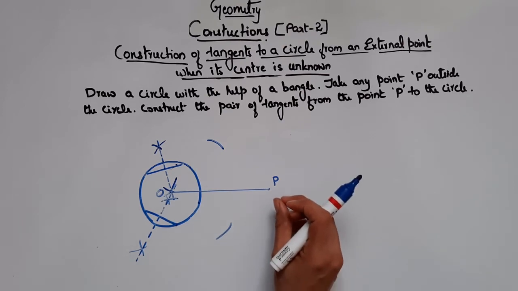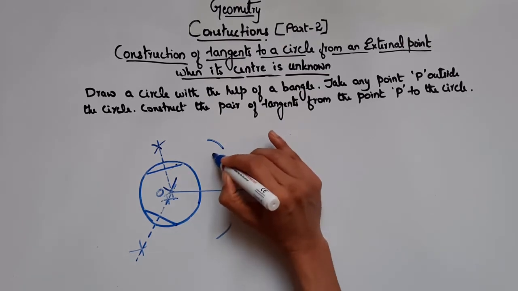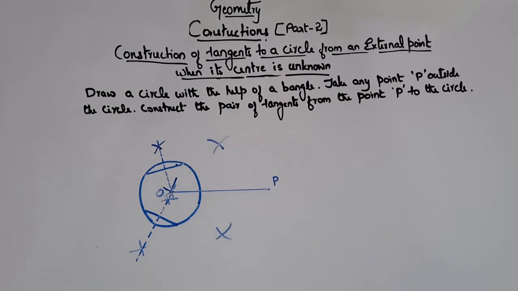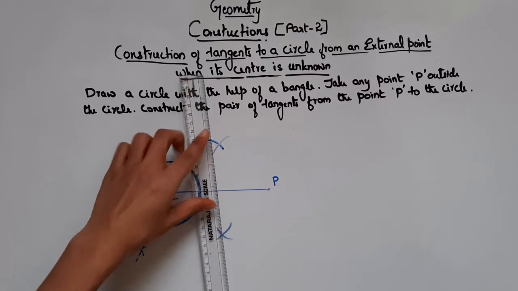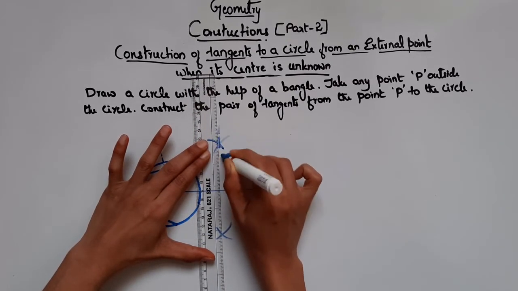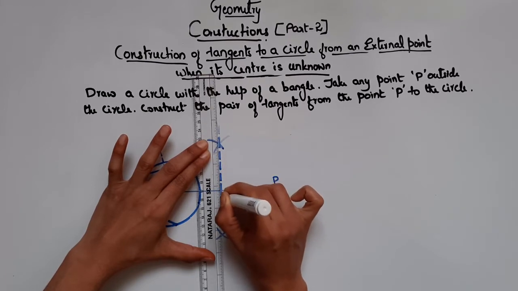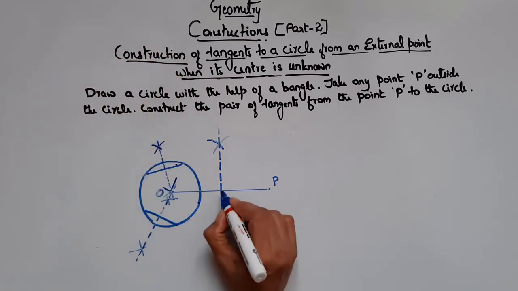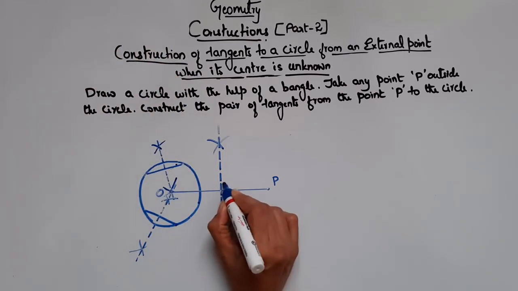Now same length you will keep at this point and cut this arc. So joining these 2 points will give you perpendicular bisector, that is the midpoint, right? The point of intersection, this point is your midpoint.